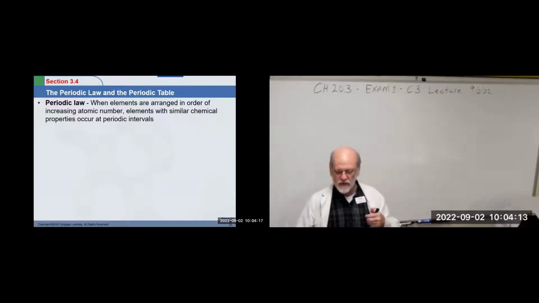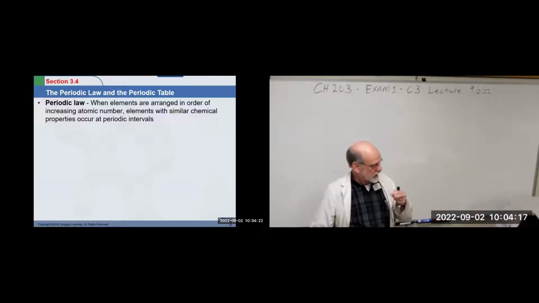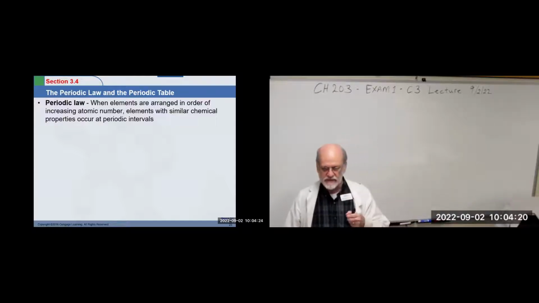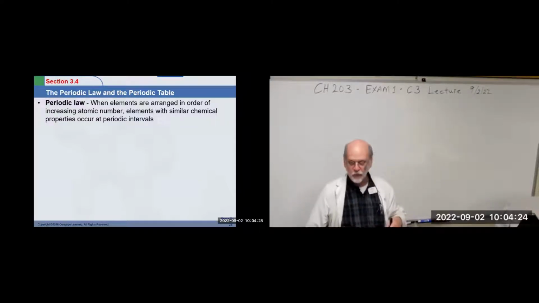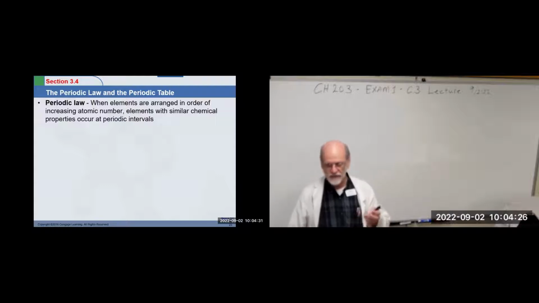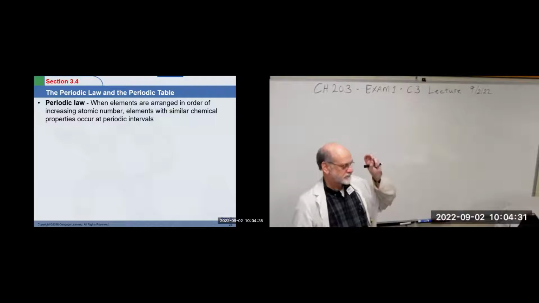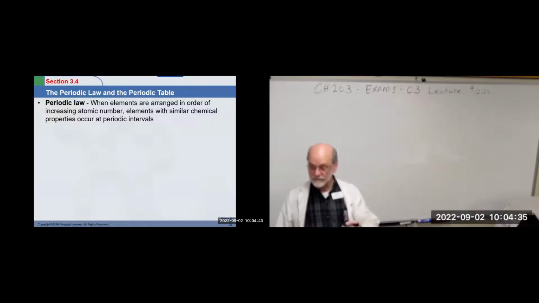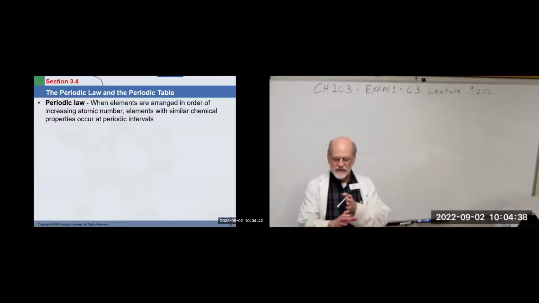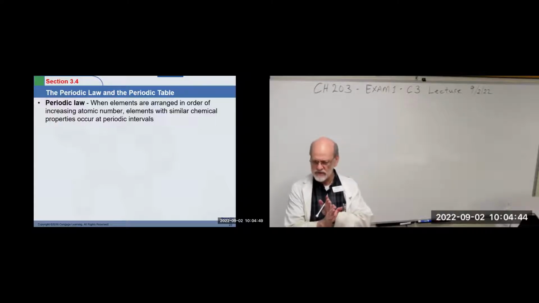Dmitry Mendeleev is given credit for the modern periodic table. And the reason for that is he was a Russian school teacher before the Russian Revolution. Right? He probably couldn't have done this after the revolution. Anyway, he arranged the elements that were known at the time in groups that had similar chemical characteristics, particularly, and some physical relationship.